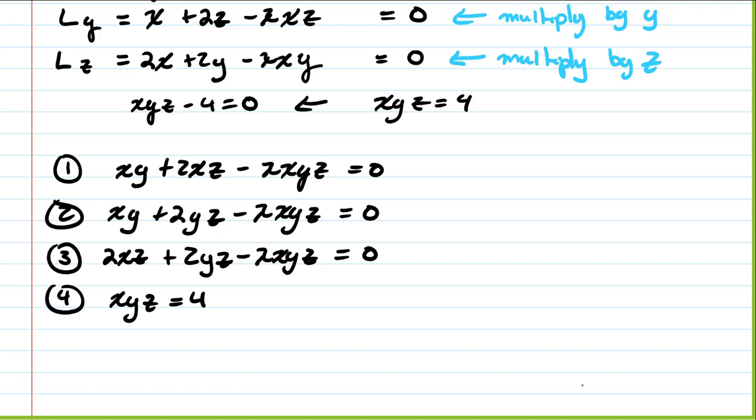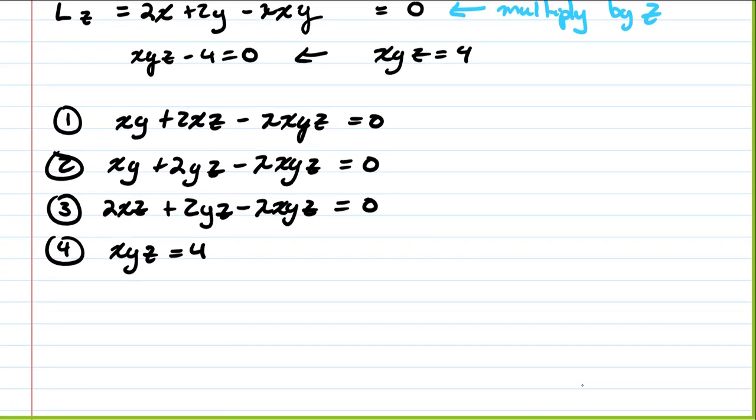So I can now keep working with this, but I notice something that's kind of interesting. If I look at equations 1 and 2, if I multiply equation 2 by negative 1 and add it to equation 1, this will eliminate 2 of those terms. So I'm going to go negative equation 2 plus equation 1 to replace equation 1.